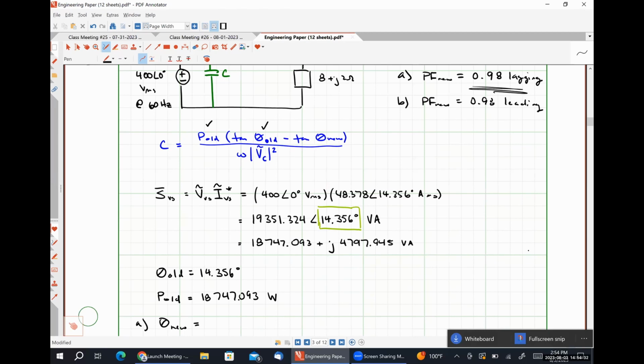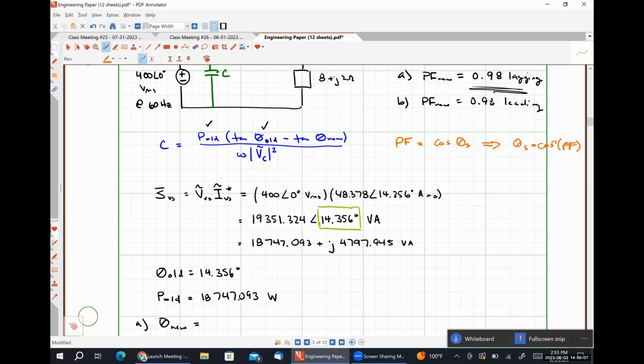Yes, okay. So just as a quick reminder here, our power factor is defined as the cosine of theta s. So that means that theta s is the inverse cosine of our power factor. Does that make sense? Yes, because you're dividing off the cosine.